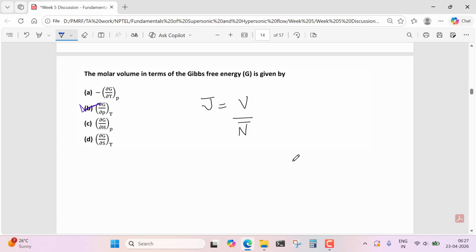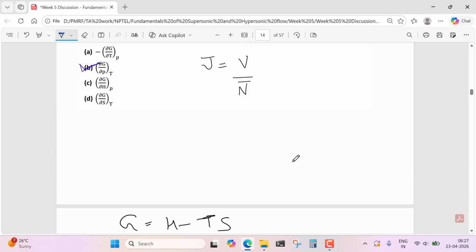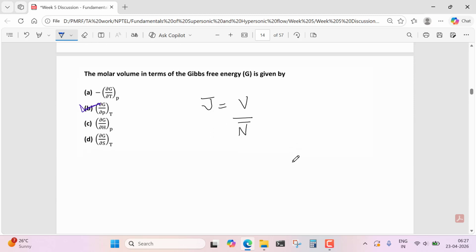Now we will see another problem. The molar volume in terms of Gibbs free energy G is given by option A minus dou G upon dou T at constant pressure, option B dou G upon dou P at constant temperature, option C dou G upon dou H at constant pressure, option D dou G upon dou S at constant temperature.